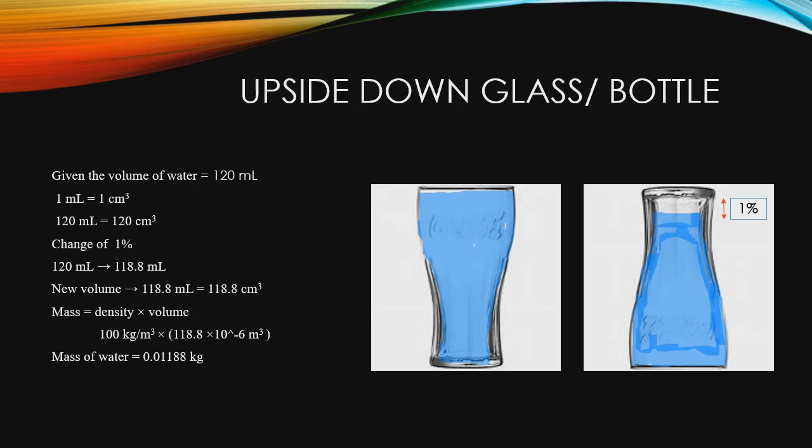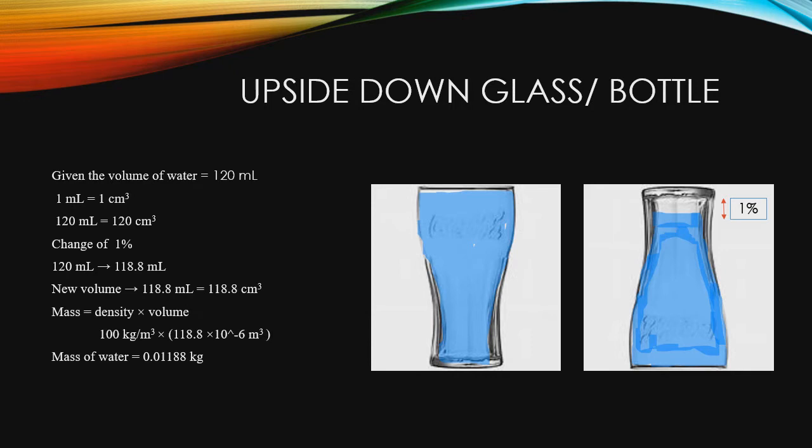We minus that 1.2 milliliter from the 120 milliliter, and we get 118.8 milliliter. The new volume is 118.8 centimeter cube. From that we can calculate the mass of water.